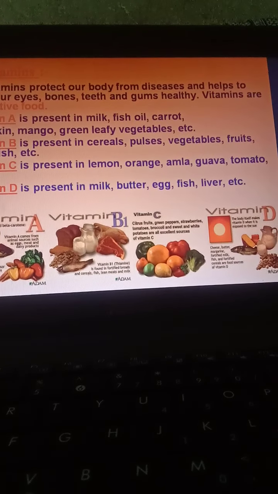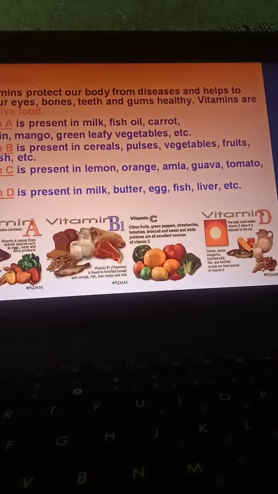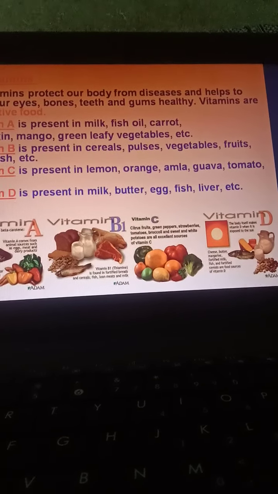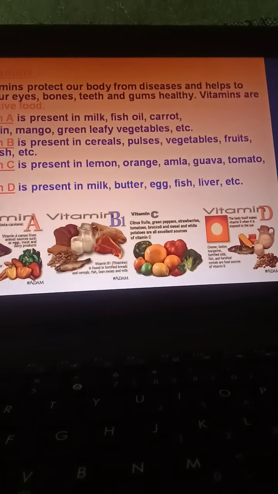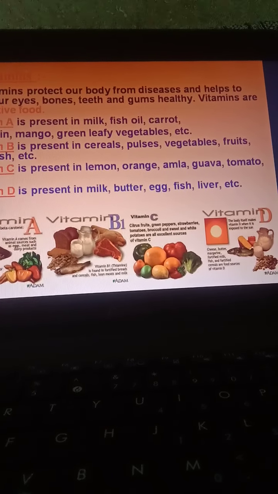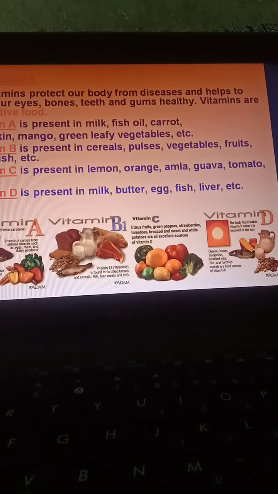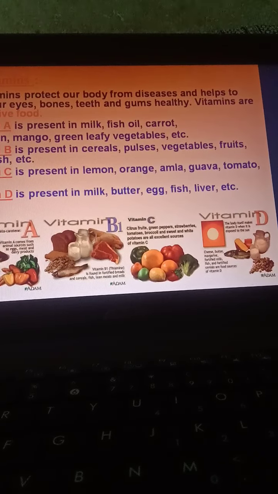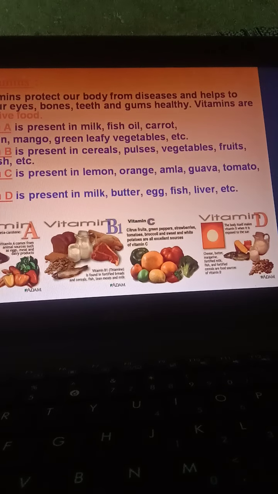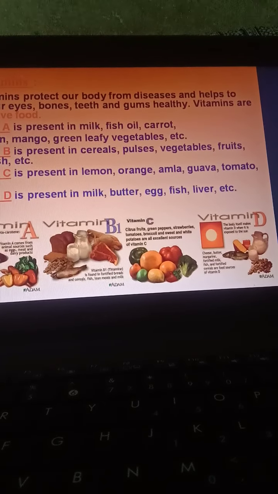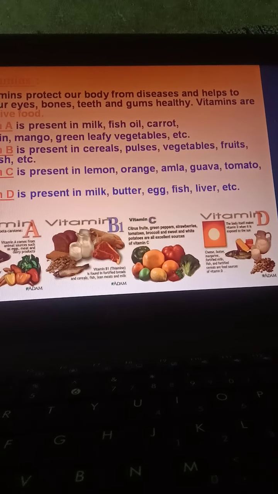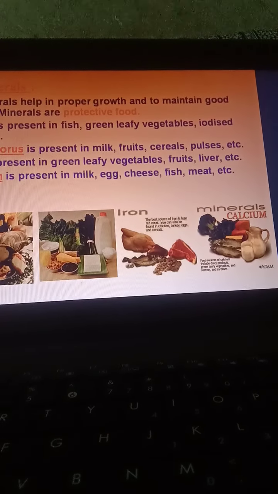Vitamin B is present in cereals, pulses, vegetables, fruits, liver and fish. Vitamin C is mainly present in citrus fruits, lemon, amla, orange, tomato, etc. Vitamin D is present in milk, butter, egg, fish and liver. From sunlight we also get vitamin D. If you sit in sunlight, you get vitamin D.